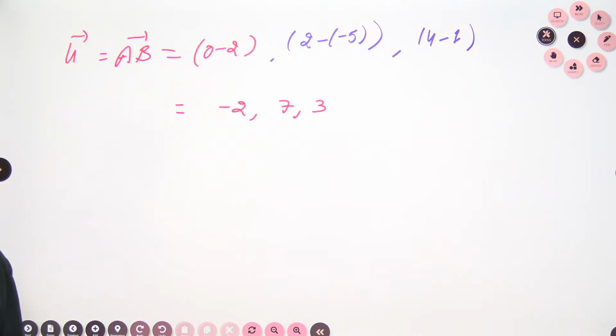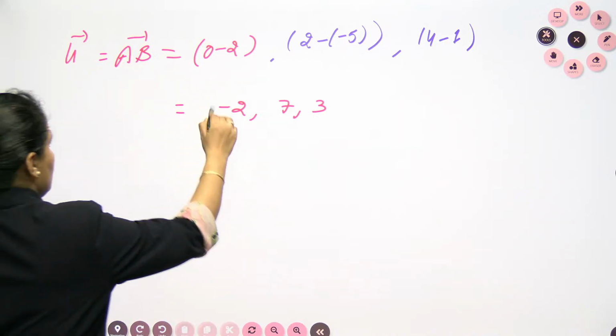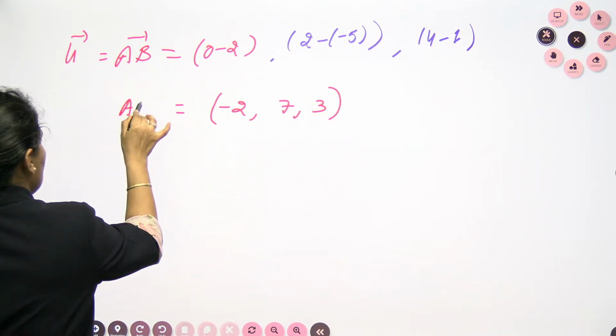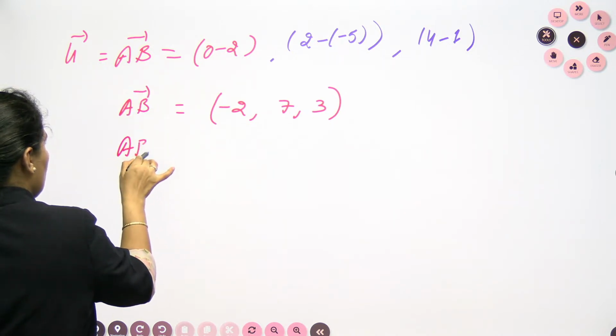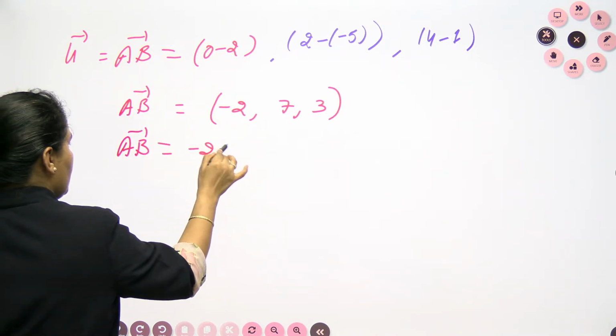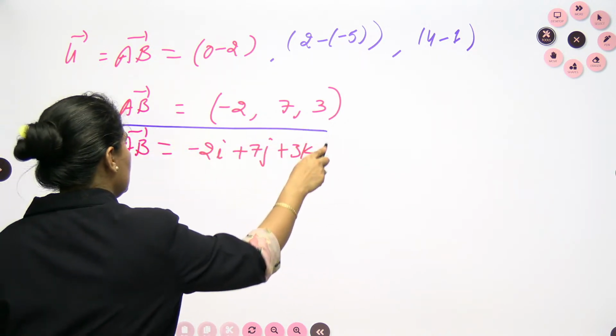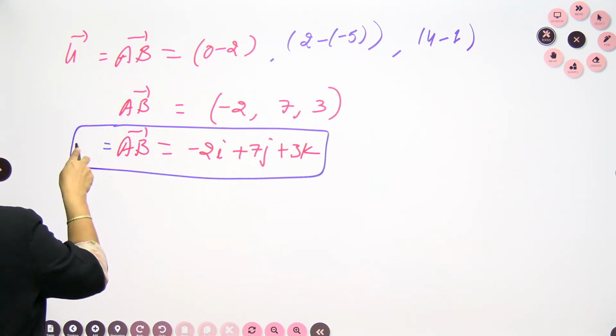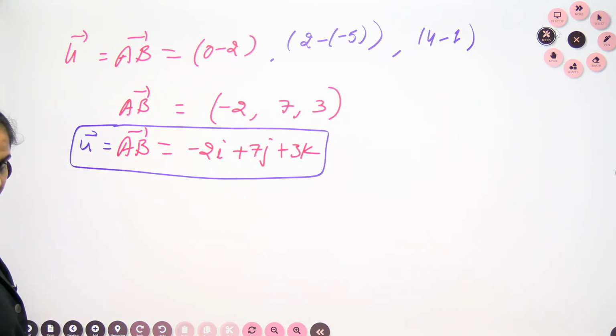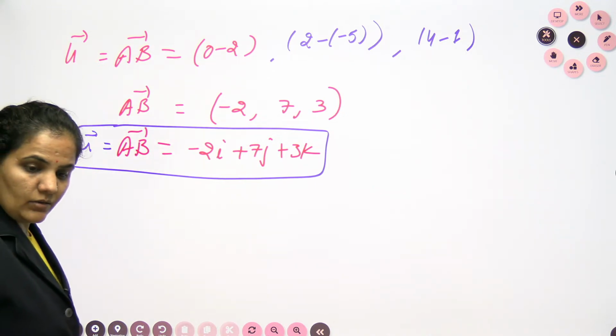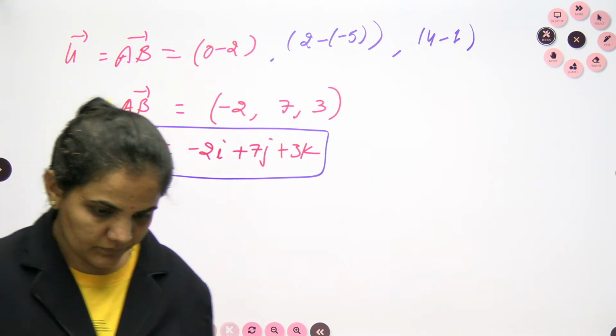Minus 2, 7, 3 are the coordinates of the AB vector. If you want to write it in ijk form, it will be minus 2i plus 7j plus 3k. This is your choice, which I am taking as the U vector.